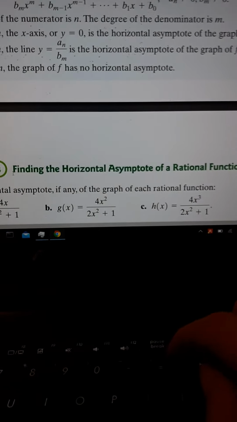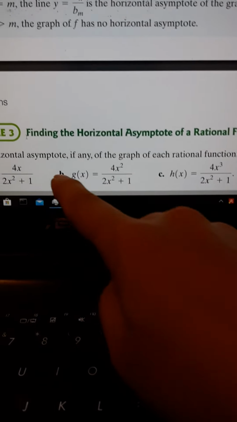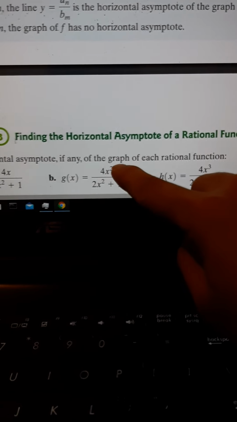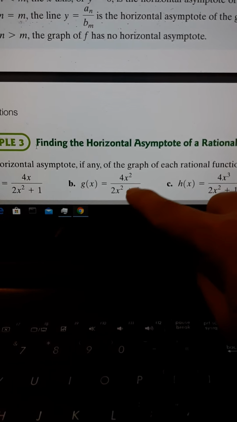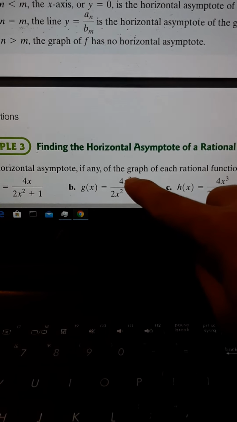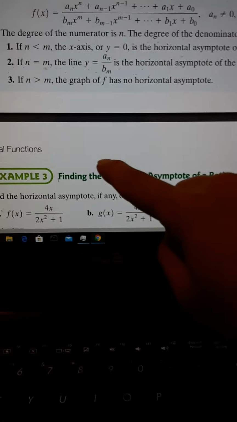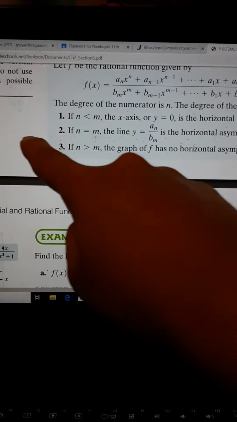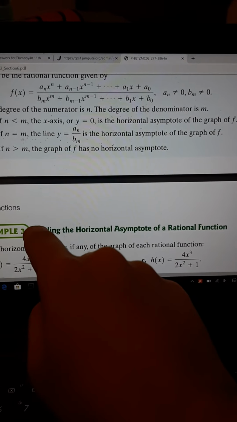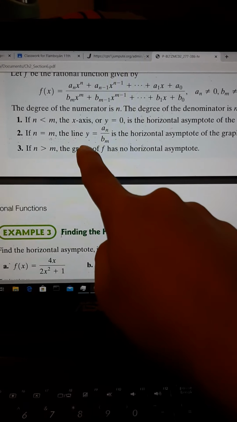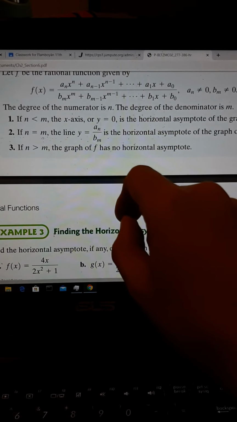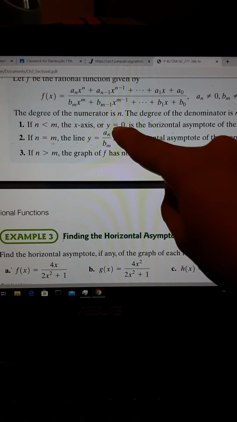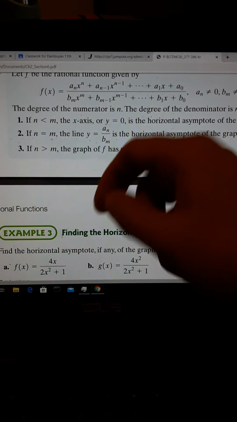Now, for number 2, or letter B, we observe once again the greater exponents, and they are both the same, x squared and x squared. What does it tell us? Well, we're going to be using the second part of the theorem.